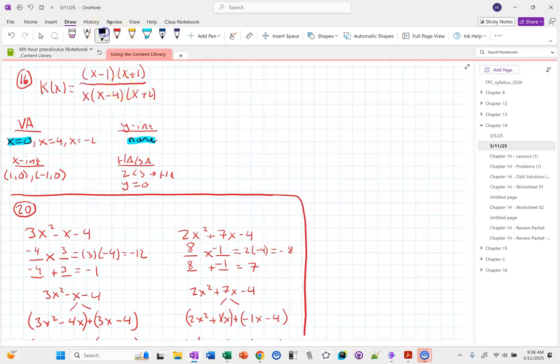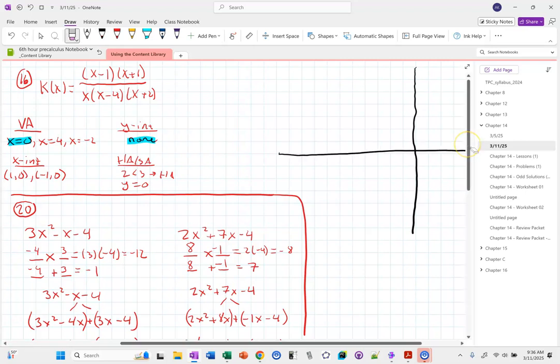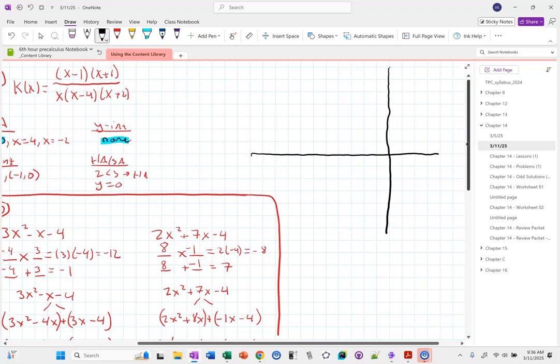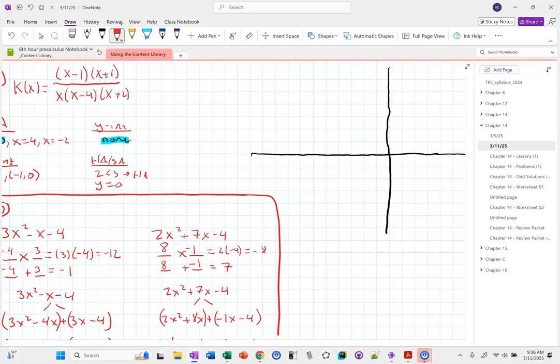Let's go ahead and sketch in a picture here. Try to draw a little straighter of a line. I think there's a ruler function on this, but I always forget to try to use it. Let's see, we have -2. We have 0.